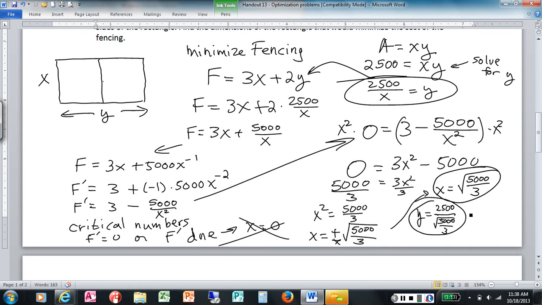And like I said, the decimal approximations: what are they? 40.82 and then 61.24.